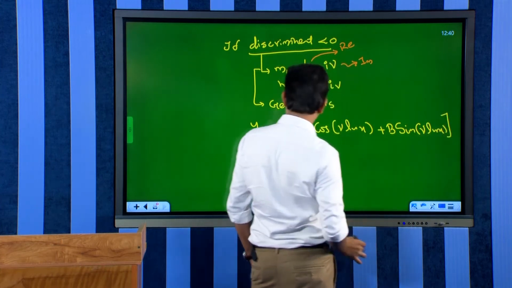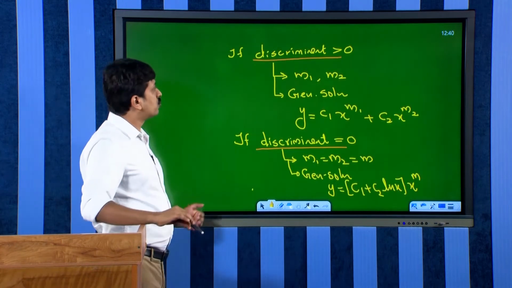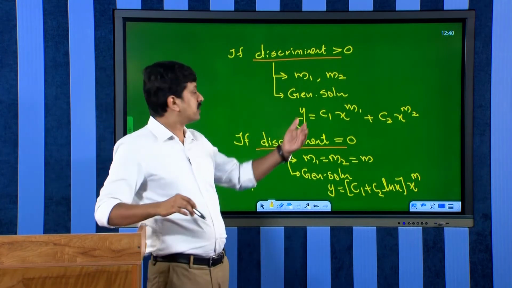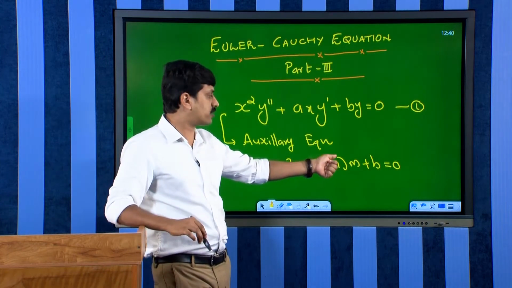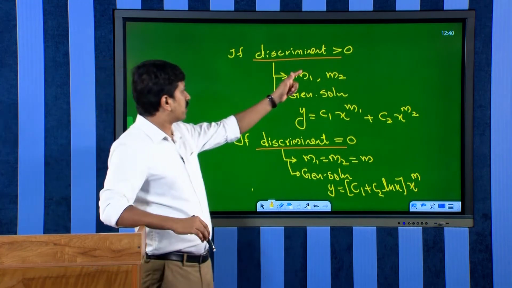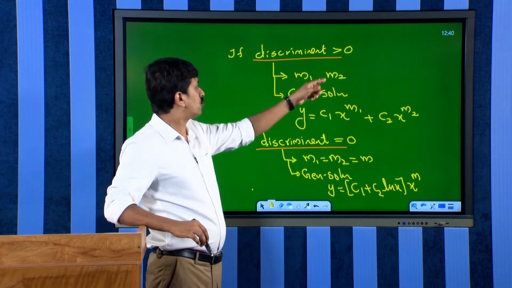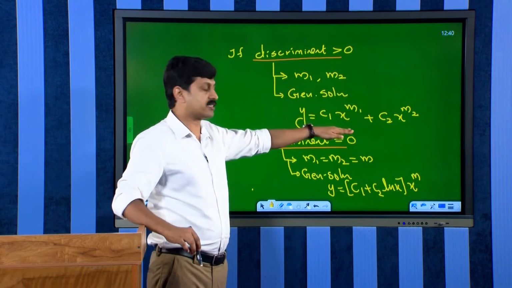See my dear students, here we have 3 choices for the solution of the differential equation. If the discriminant of the auxiliary equation m square plus (a minus 1) into m plus b equal to 0 is greater than 0, then we will have real and distinct solutions, and we get the general solution like this.